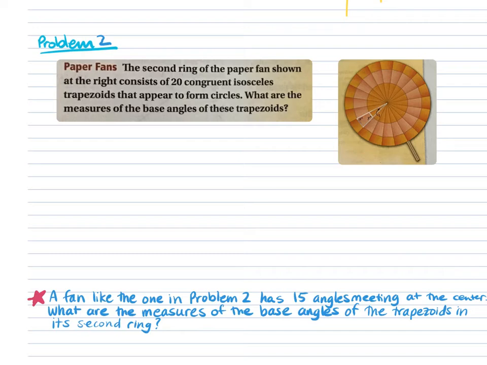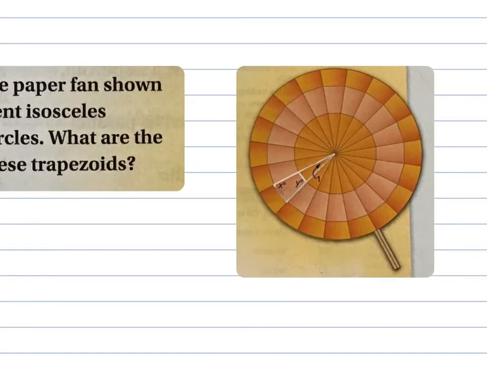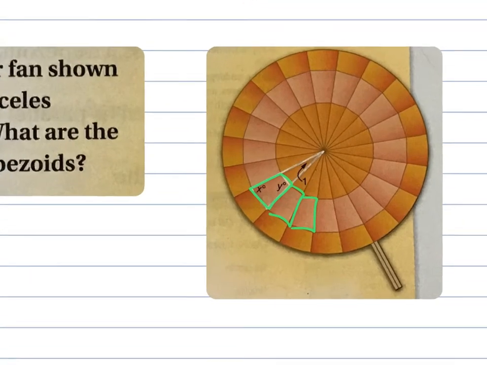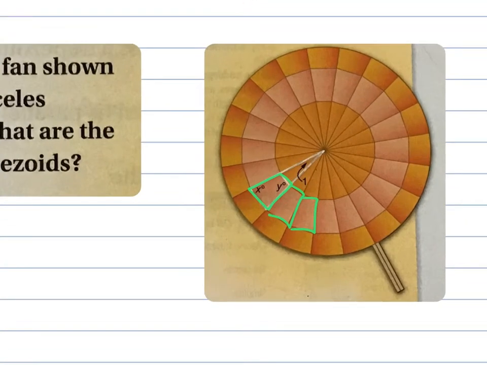Here's a picture of a paper fan. The second ring of a paper fan shown at the right consists of 20 congruent isosceles trapezoids that appear to form circles. What are the measures of the base angles of these trapezoids? So if you look closely, they're talking about these trapezoids here. 1, 2, 3.